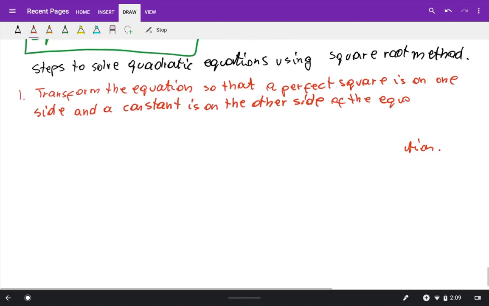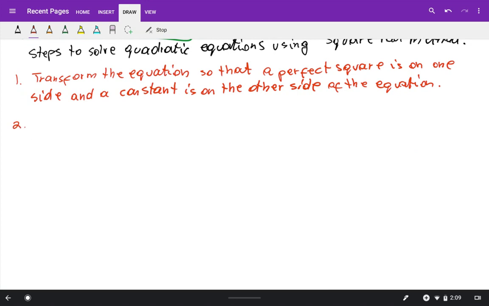Second, use the square root property to find the square root of each side.